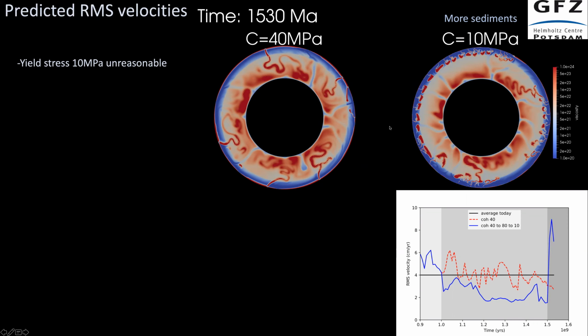And so something to bear in mind is that we're changing the strength of the entire lid, and it should really only occur at the convergent plate boundaries. And also we make this switch very quickly, and this switch in yield stress should probably be more continuous, and we can start to look at the effects of that.